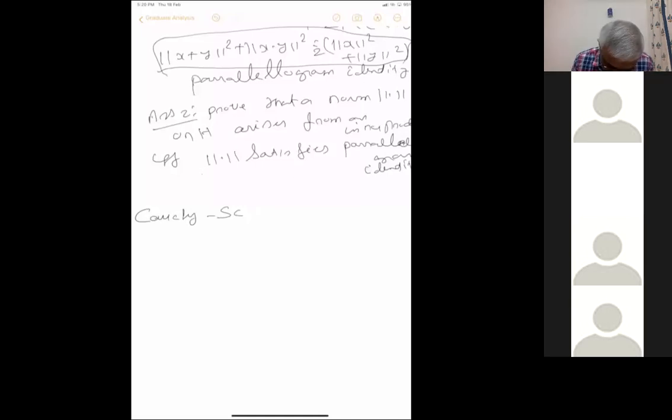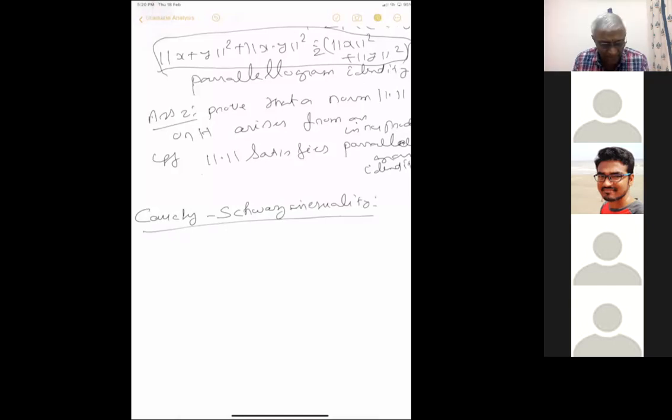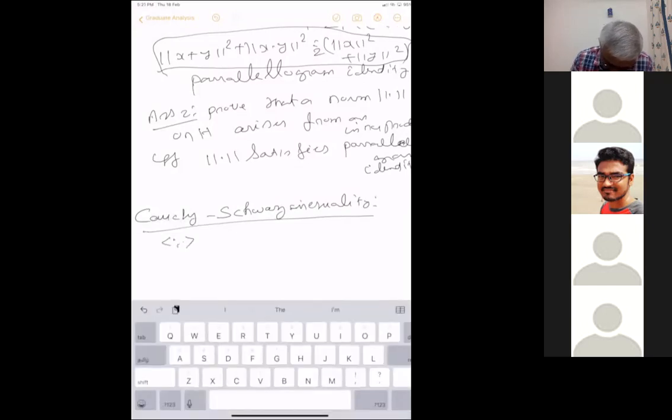Okay. Cauchy-Schwarz inequality. So this just says, we basically need a semi-inner product, because later we may use it for a semi-inner product, which may not be an inner product.